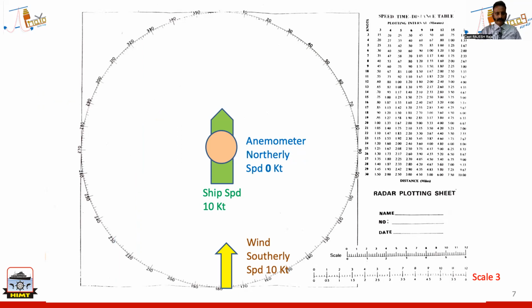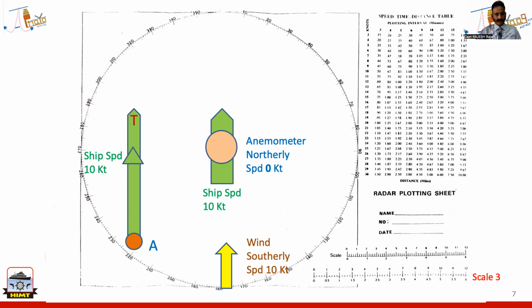Now let me take one last example, which is ship doing 10 knots northerly and wind speed coming from southerly direction also 10 knots. So please see here, alpha tango, ship speed is 10 centimeters. True wind OT is again 10 centimeters.